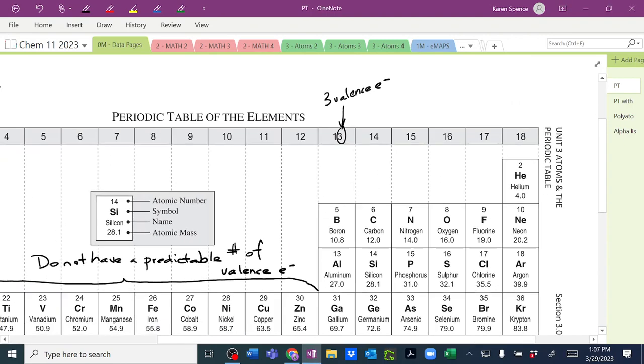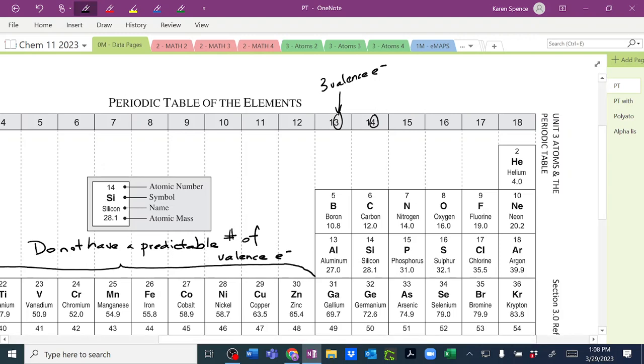Group 14 has 4 valence electrons. Group 15 has 5 valence electrons. 16 obviously has 6. 17 has 7 valence electrons. Group 18 is a little weird.